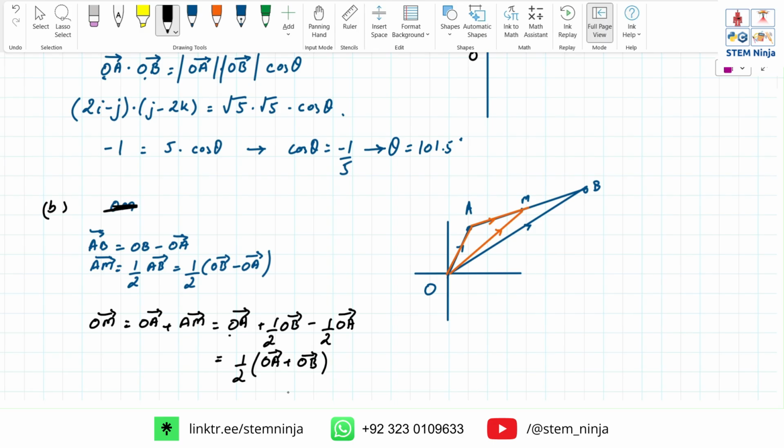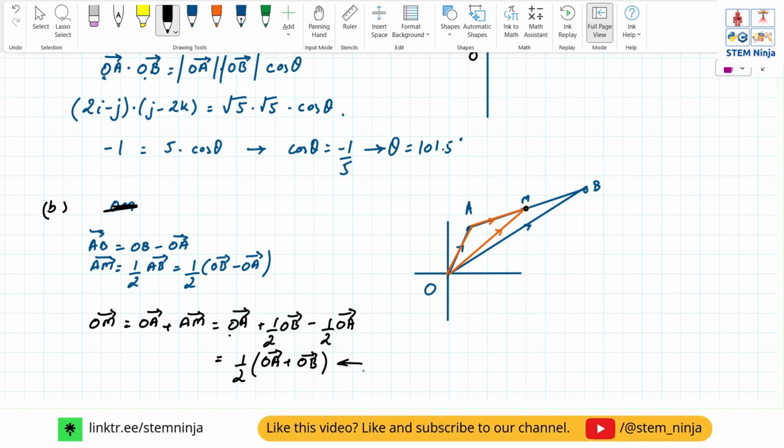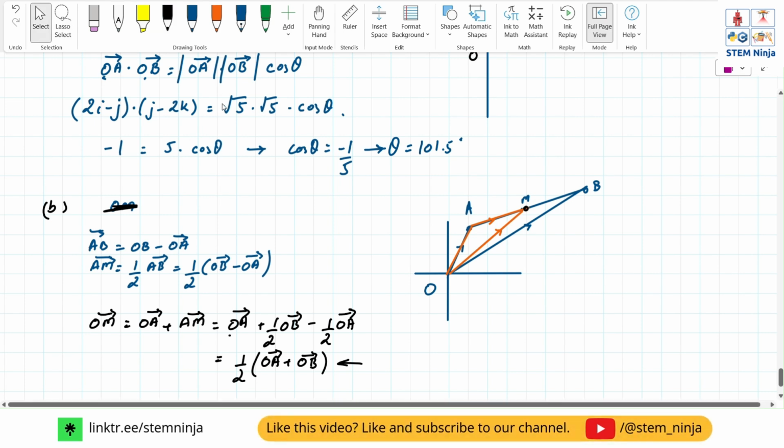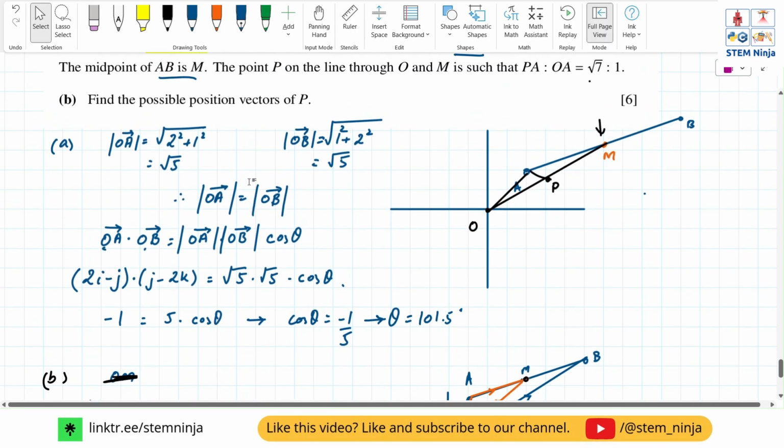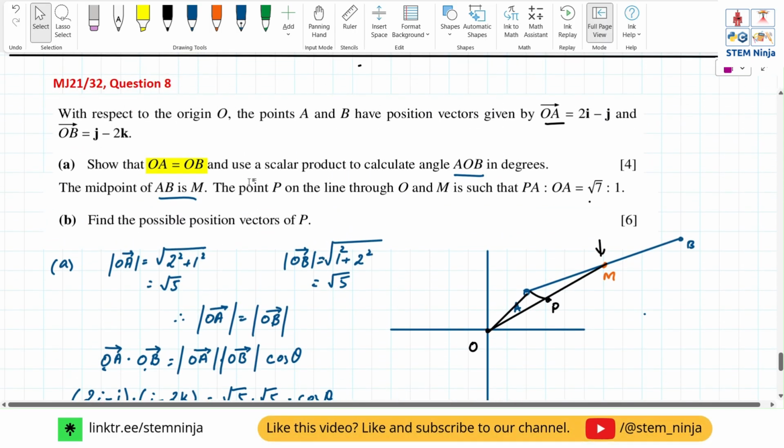Now this is the general form for finding the midpoint. OM was the midpoint of AB, so this is the general form, and we have actually seen how to derive this. Since we have the vectors, we can find OM.